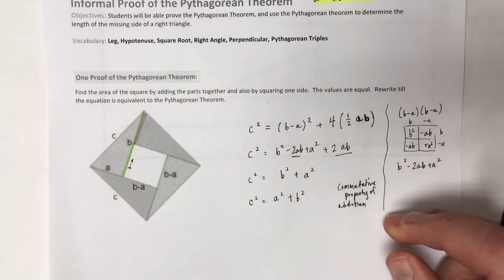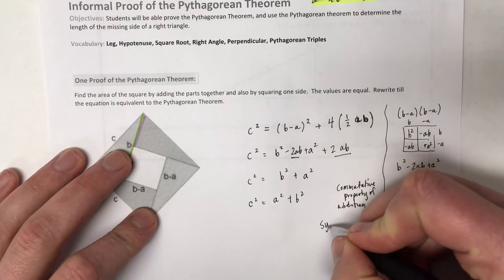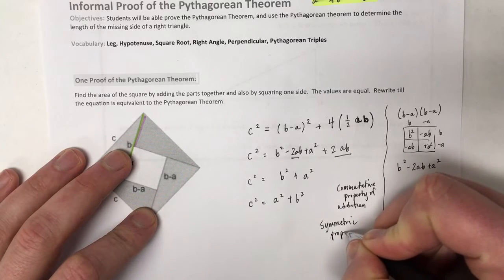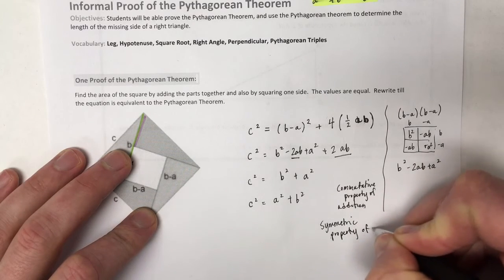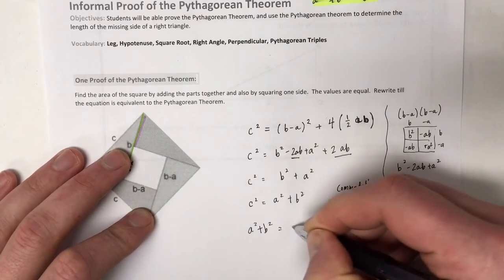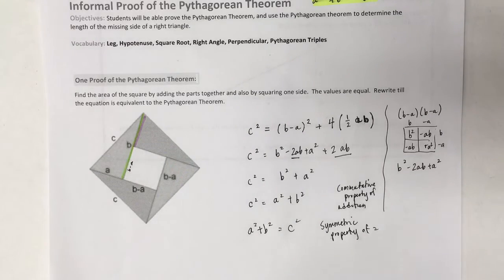If I further wanted to make sure that it matched the original one, there is the symmetric property of equality, and that allows me to write it in the form you're most familiar with. Okay, and so that's just another basic proof.